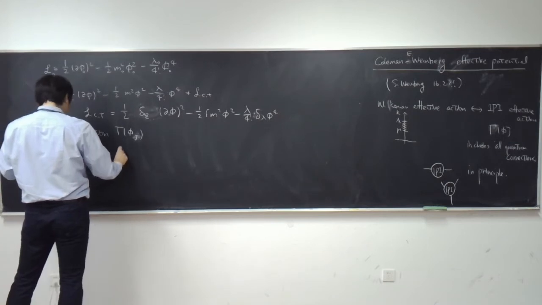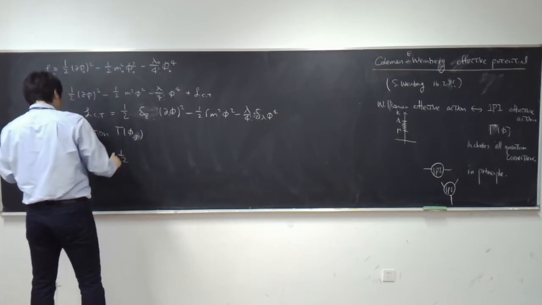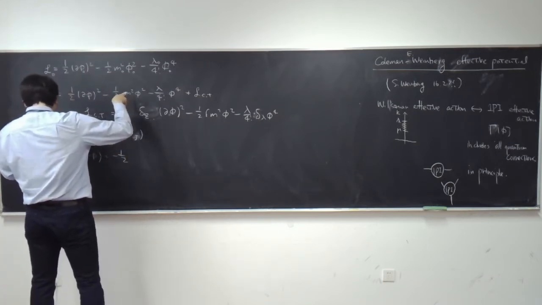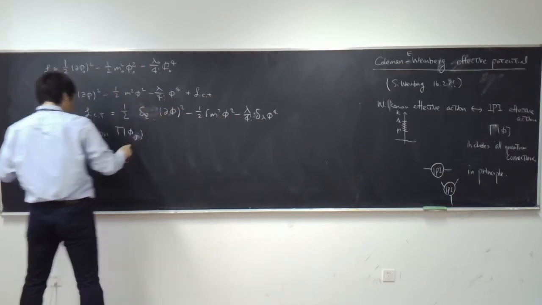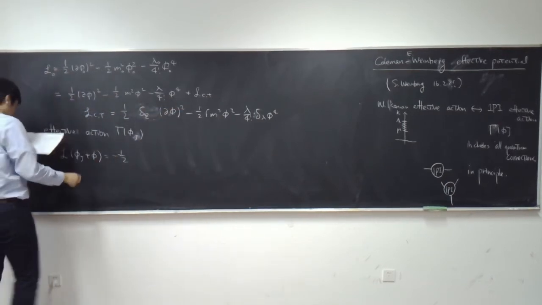So we rewrite this action by writing phi_J plus phi, with phi_J treated as a constant.